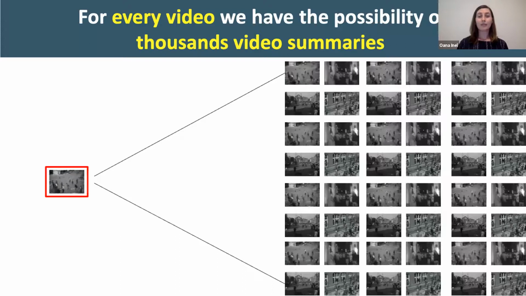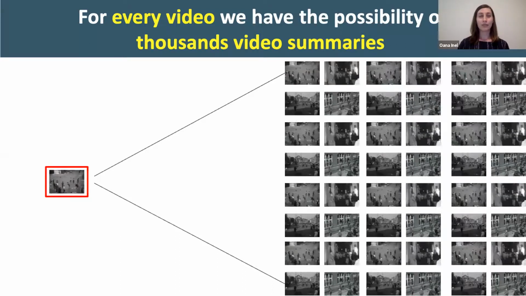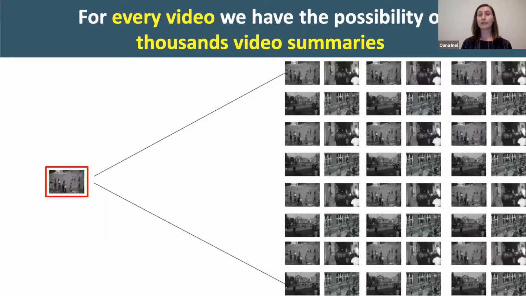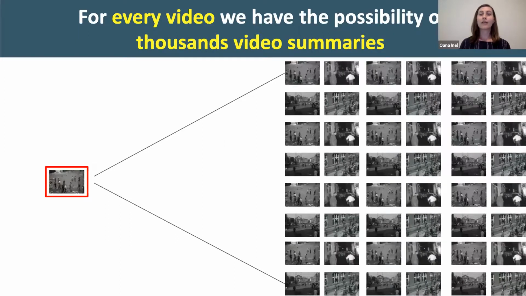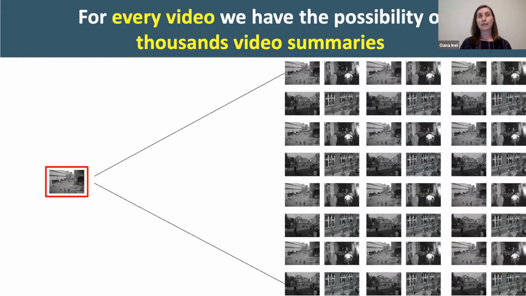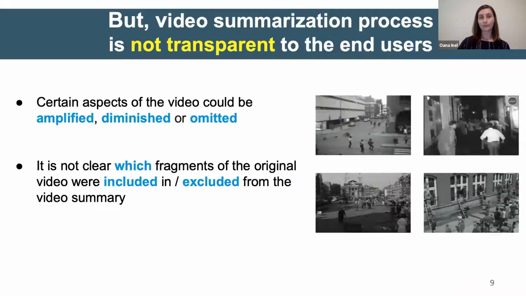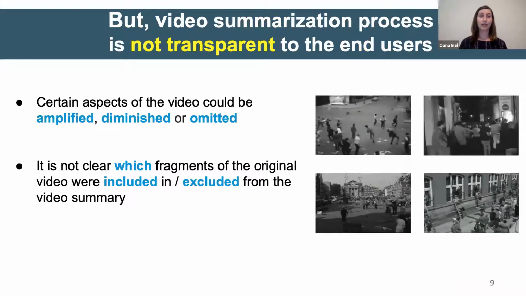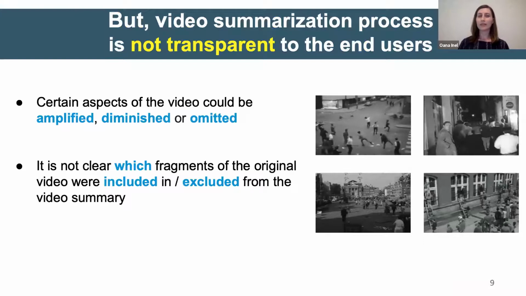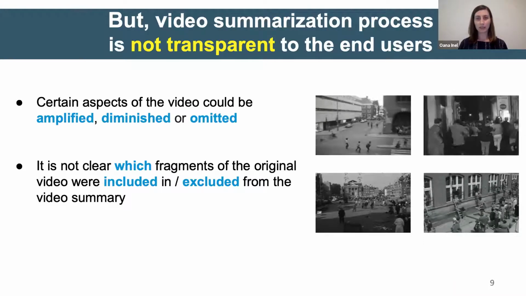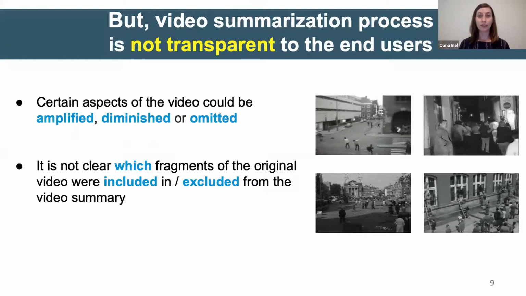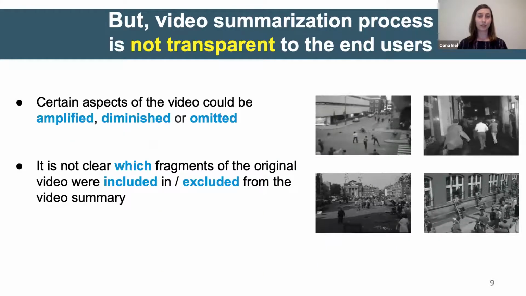But there are many video summaries that can be generated for a single video. Short video fragments can be automatically selected and organized in lots of different storylines to summarize one and the same video. So, users are faced with condensed video summaries without understanding the underlying decisions taken to generate the summary, because the process is automated and not transparent to the user.